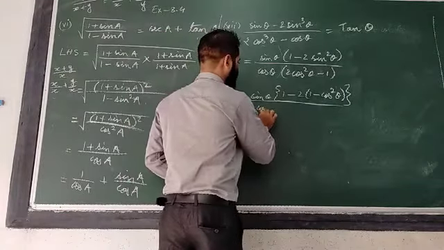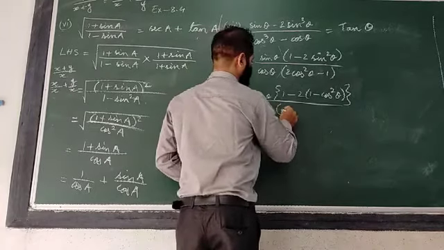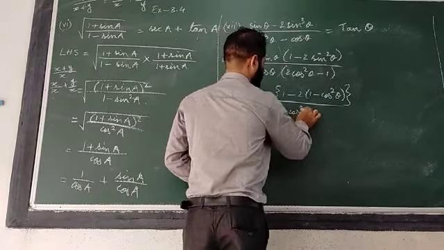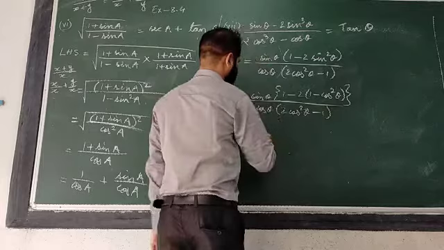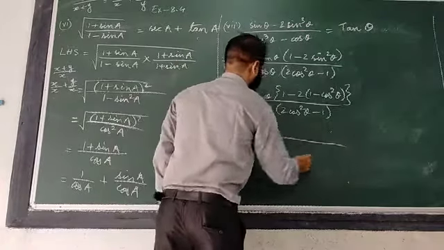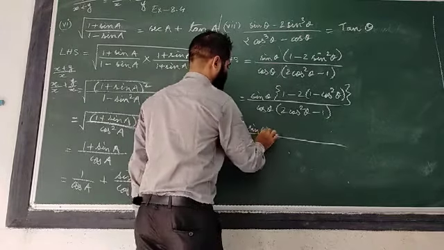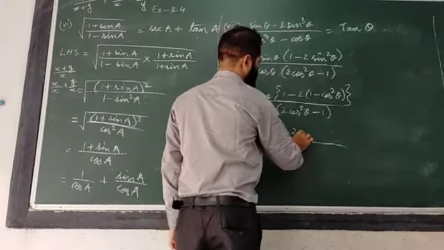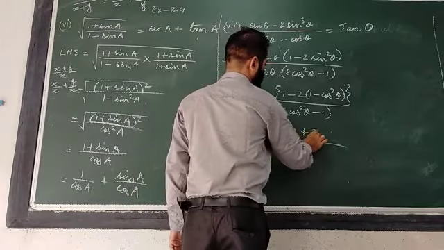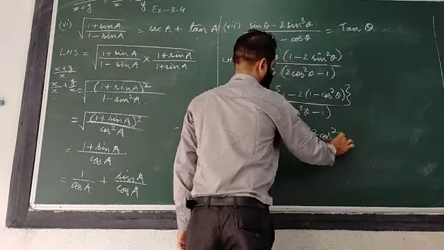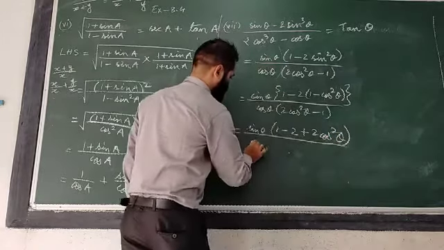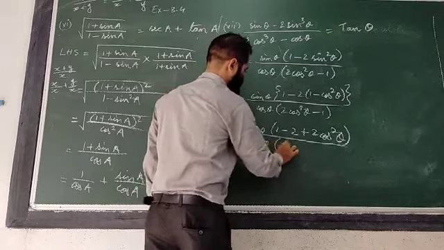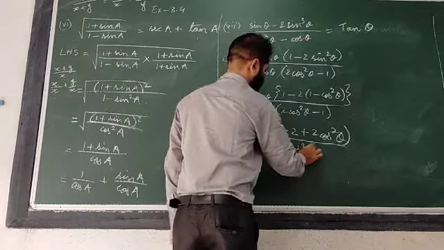In the denominator, I'll leave the numbers the same way. Now remove the bracket. This is sin theta, and this can be written as 1 minus 2 plus 2 cos square theta. Any problem? And this is cos theta, 2 cos square theta minus 1.